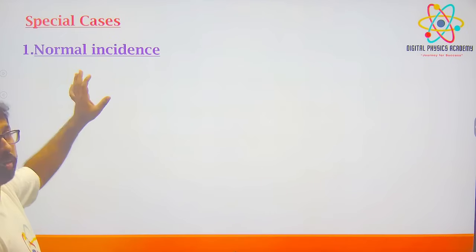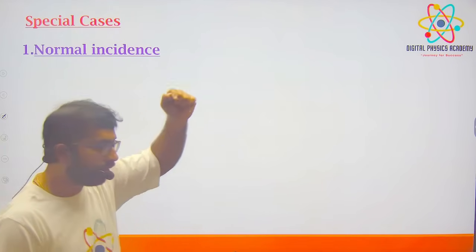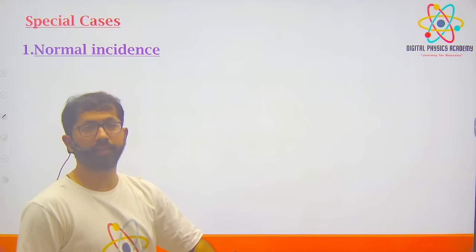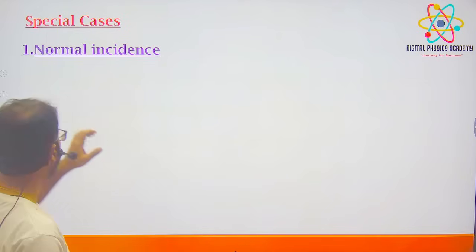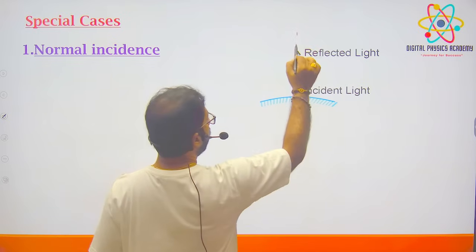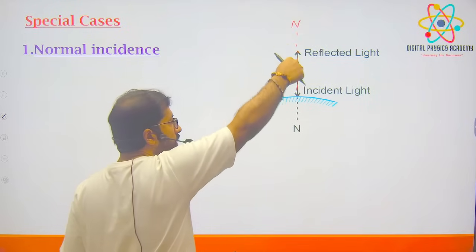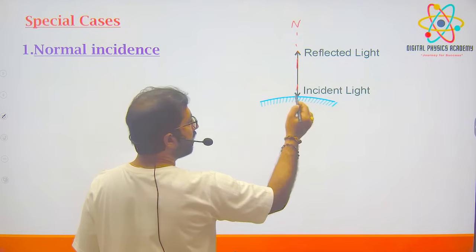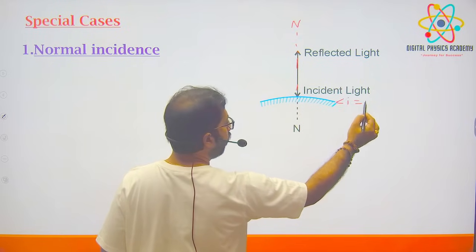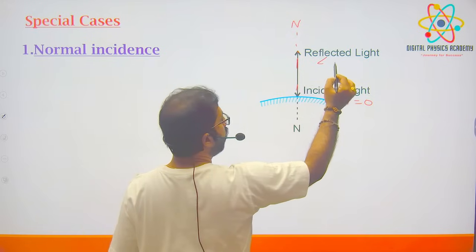One is normal incidence. What is the meaning of normal incidence? It means along the normal I am incident a light. Then what will happen to the reflected ray? We'll see. Suppose this is a curved surface. This is the normal line. So if we incident along the normal, the angle of incidence is how much? 0. It will reflect back along the normal only. That means the angle of reflection is also 0.